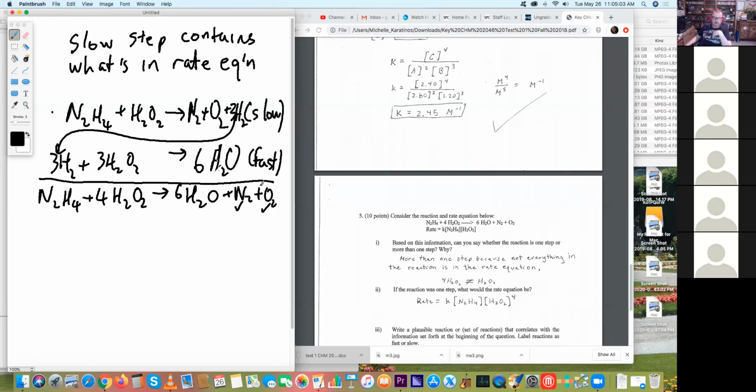Okay. And then you're using the leftover 3H2s out of the 6H2O from the bottom. Is that correct or no? Where did the 3H2s come from? You're just using them out of the slow step. Yeah, that's right. Because anything that doesn't appear as a product must have been used up in the next step.